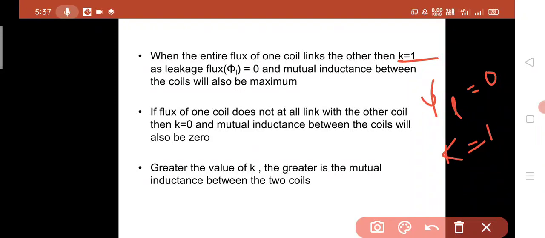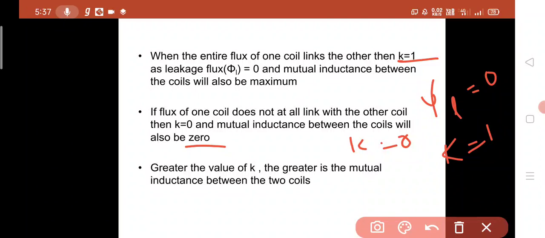Next point, if the flux of one coil does not at all link with the other coil, then K is equal to 0, and the mutual inductance between the coils will also be 0.